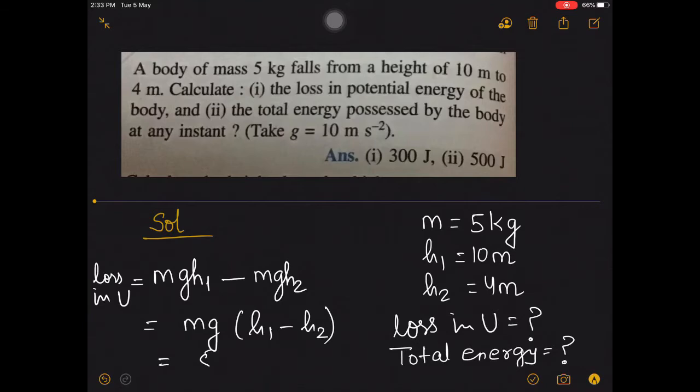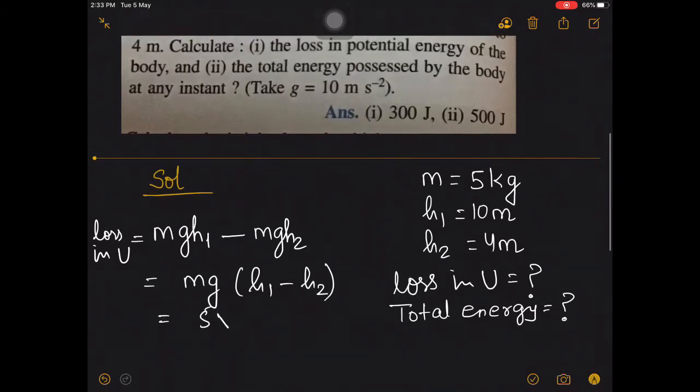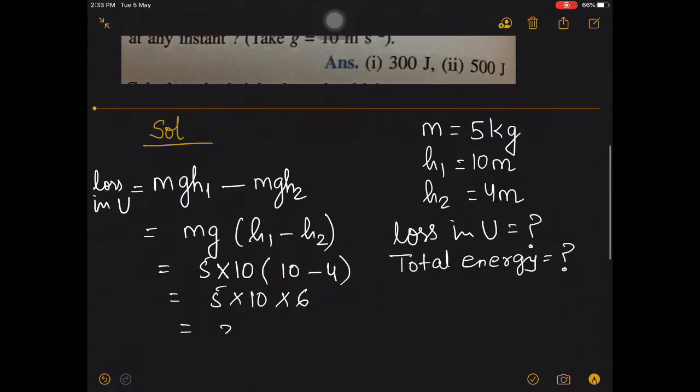Mass is 5. Now the g value given in the question is 10. h1 is 10, h2 is 4. So 5 into 10 into 6, we get 300 joule. So 300 joule is the loss in potential energy.